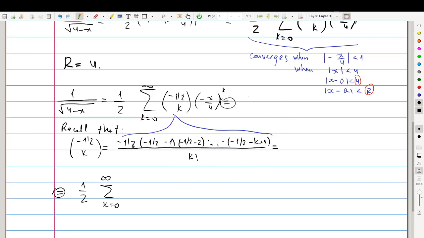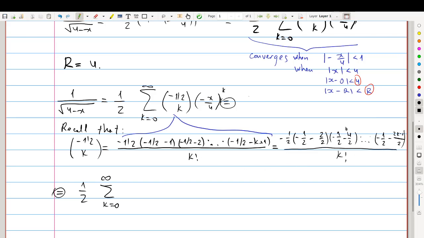We can take all the denominators and collect them. So think of this expression here as minus 1/2, and then minus 1/2 minus 2/2, and then minus 1/2 minus 4/2, and so on. Minus 1/2 minus (2k minus 2)/2, and everything over k factorial.